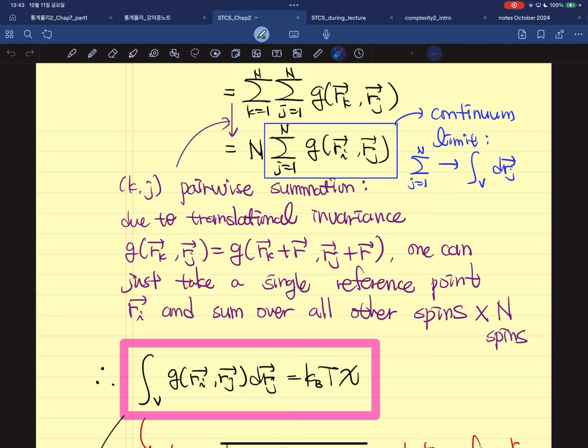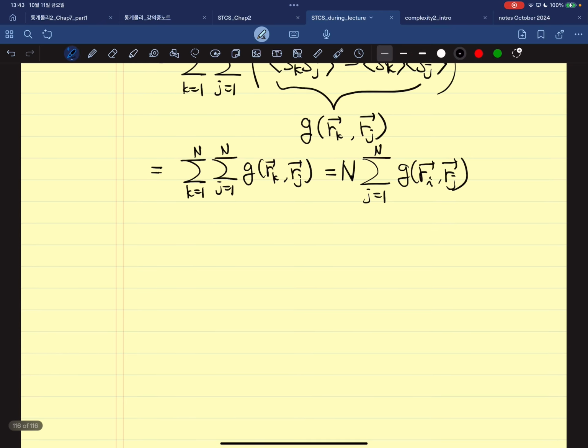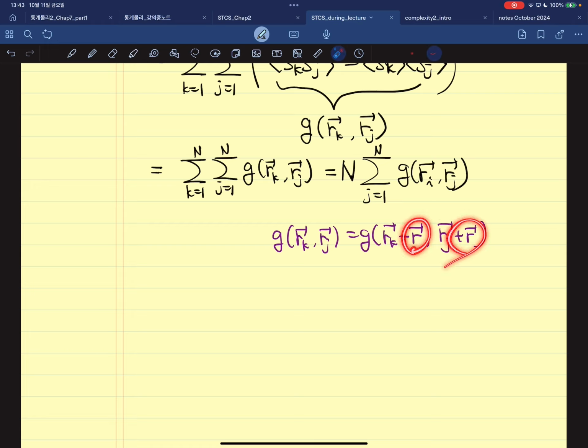It's kind of hard to grasp at first, perhaps. So this invariance is, for example, G(R_k, R_j) and G(R_k + R, R_j + R). The important part is adding the same vector.